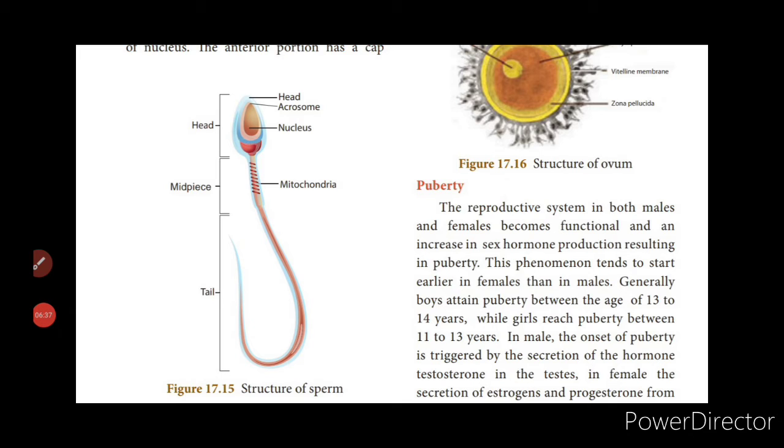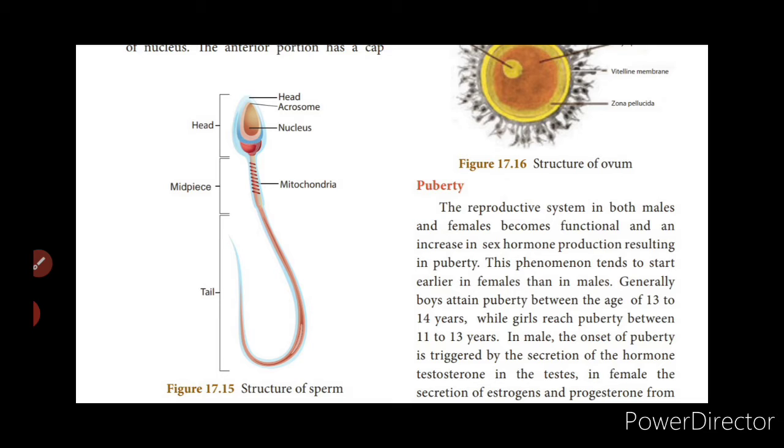Next we'll see the process of the sperm formation. The formation of the sperm in the male and the ovum in the female is called gametogenesis. So this is about the formation of the reproductive cell, isn't it?